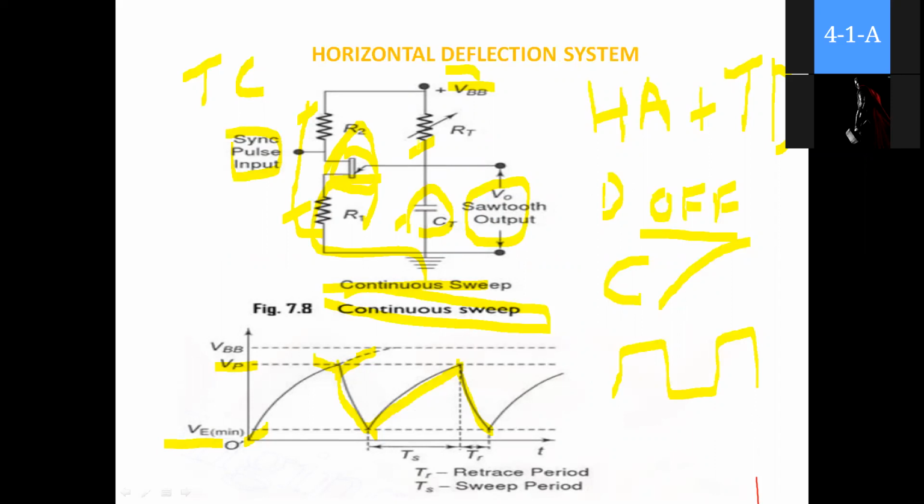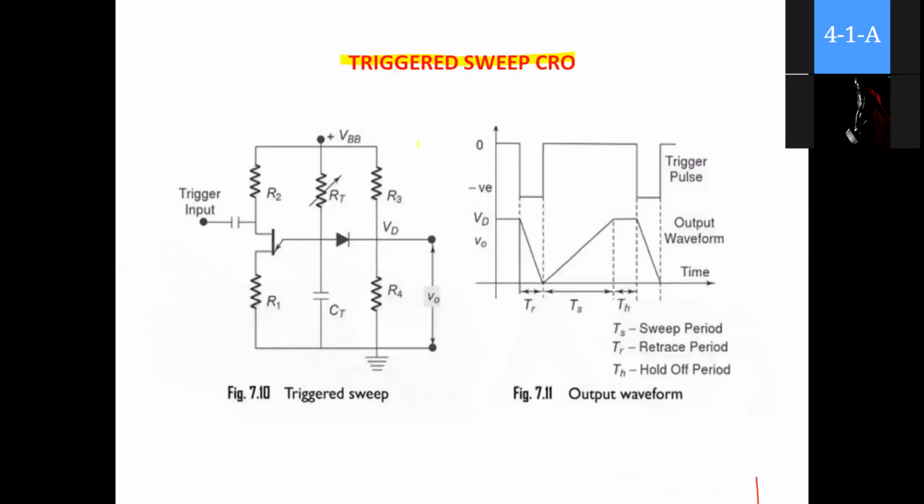Now we will look into the triggered sweep CRO. Here also there is a UJT, two current limiting resistors R1 and R2, and the charging capacitor CT, which charges through the resistor RT. What are the additional components in this triggered sweep?